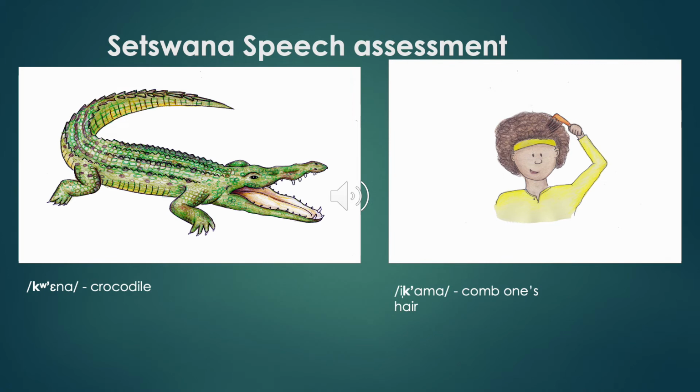So for example, the picture on the left was used to target the word kwena, and the phoneme that we were looking at specifically was round ejective velar kwa in kwena, and on the right we looked at ejective velar k in ikama, to comb one's hair.